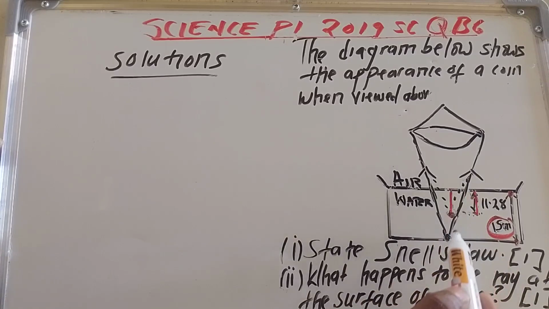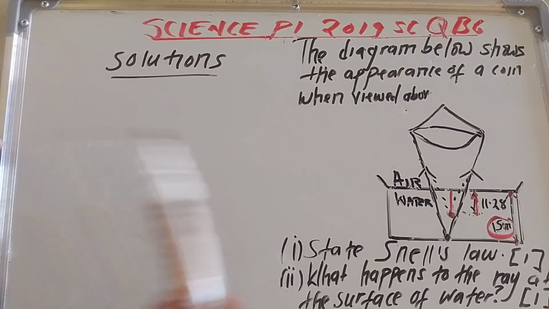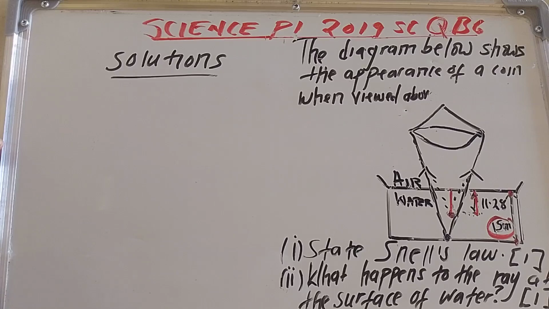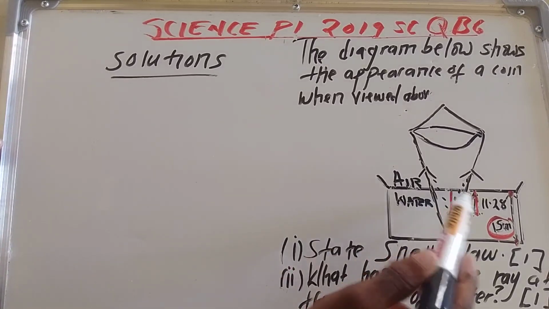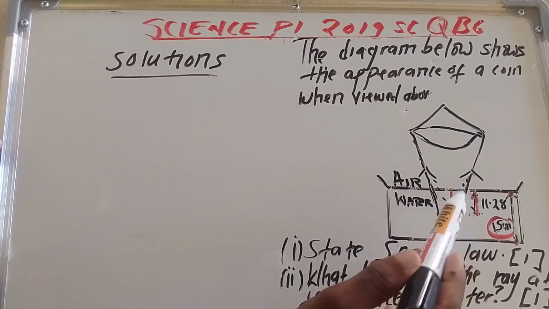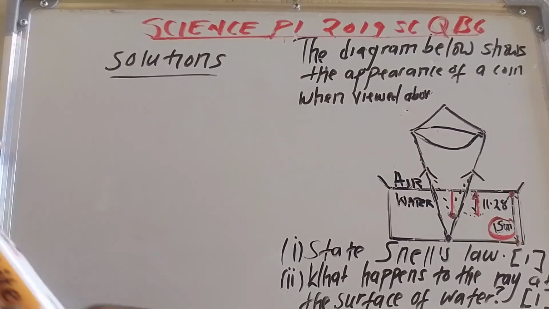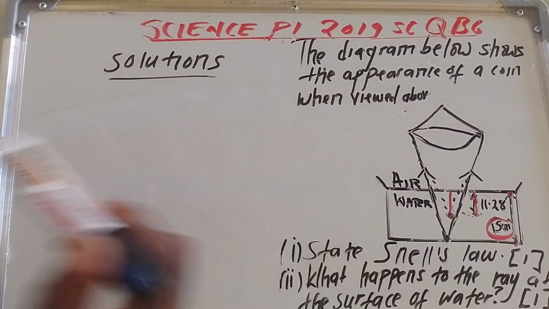This height from this point to this point, we normally call the real depth, and this one from this point to this point, we normally call the apparent depth. So those points are very, very important, in such a way that you need to consider them whenever you are asked a question that looks like this.